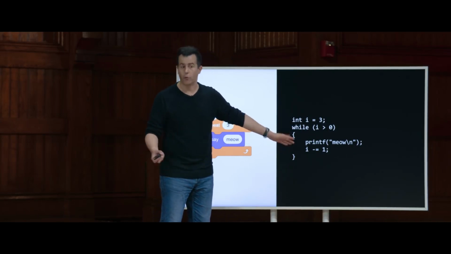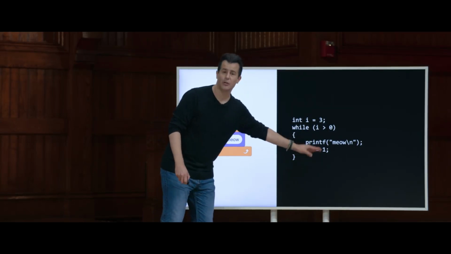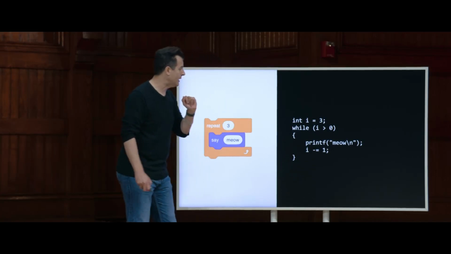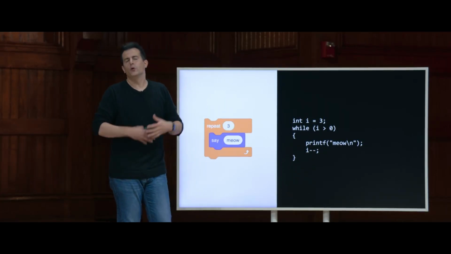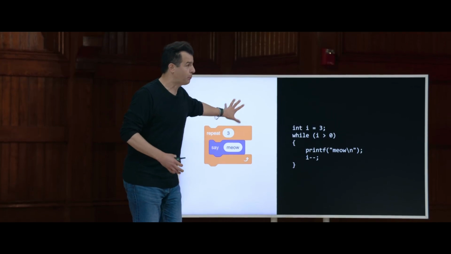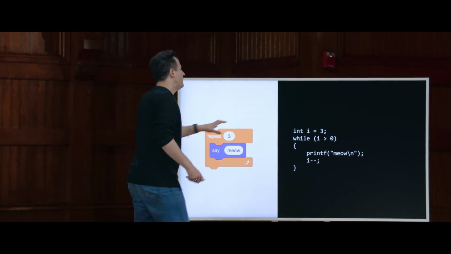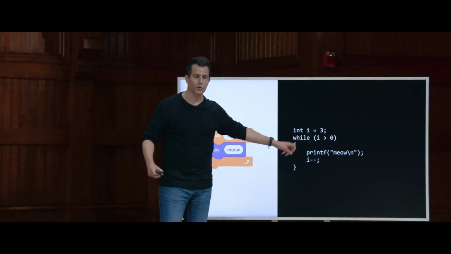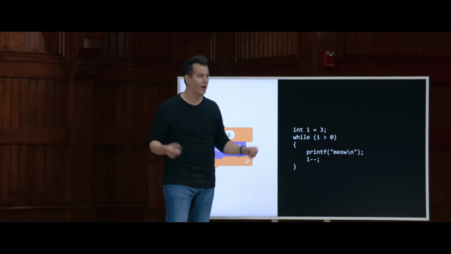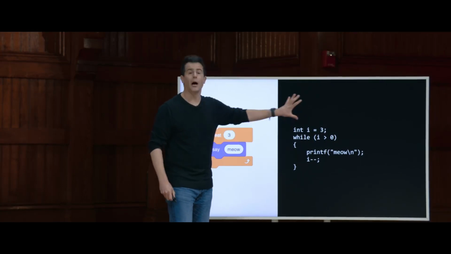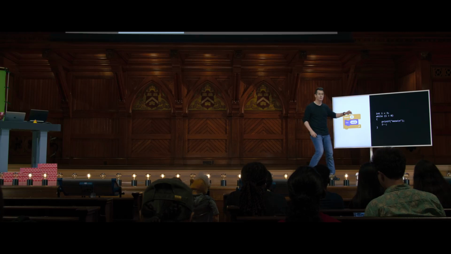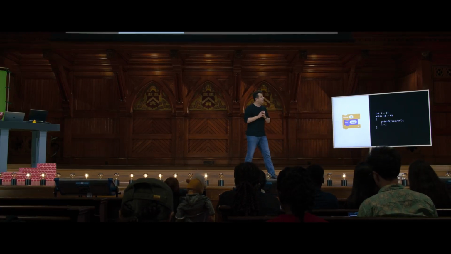And we didn't see the minus before, but it's the same idea. i minus equals 1, or even more succinctly, i minus minus. So when you get comfortable with programming, any of these approaches are correct. This would be more conventional at this point. So if you want to write code like most other people write code, adopt ultimately these kinds of conventions. All right, so that just does the exact same thing, though.